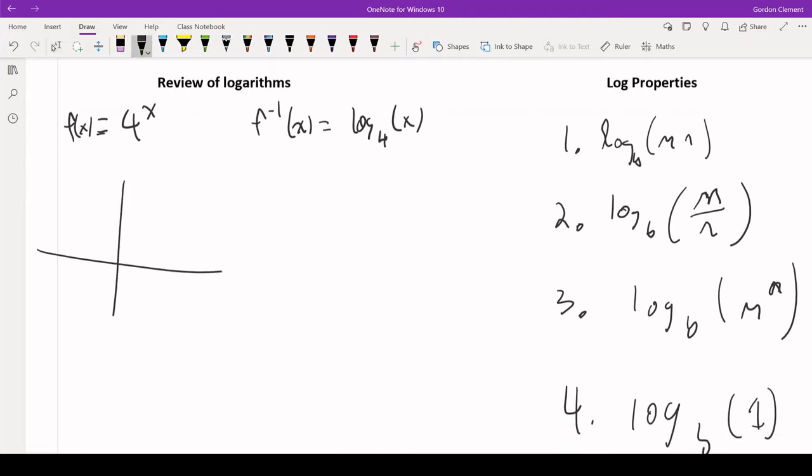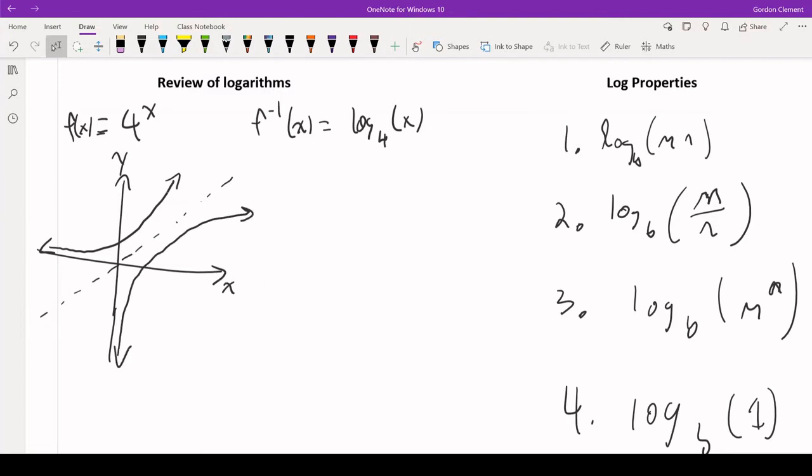So 4 to the x is an exponential function. It looks like this. And then since they are inverse functions, the x and y are interchanged on the graph, which ends up making it symmetric about the line y equals x. So a log graph is going to look like that.